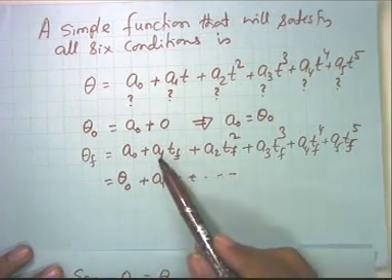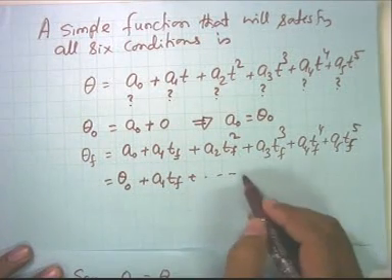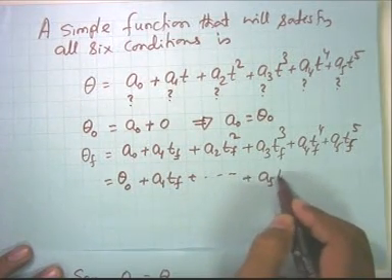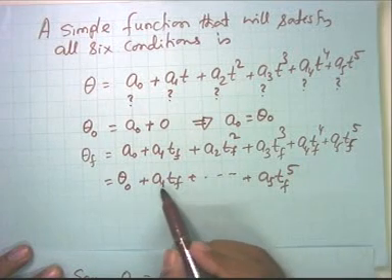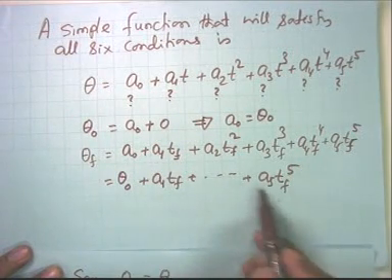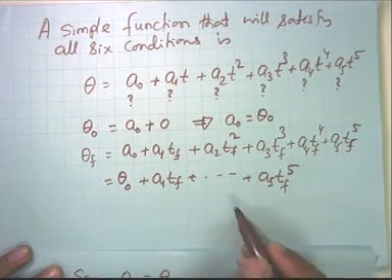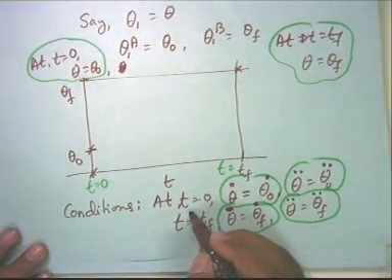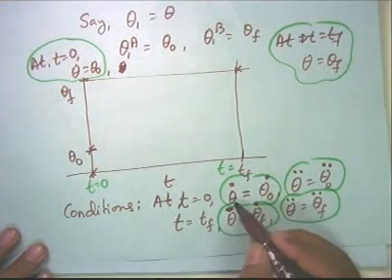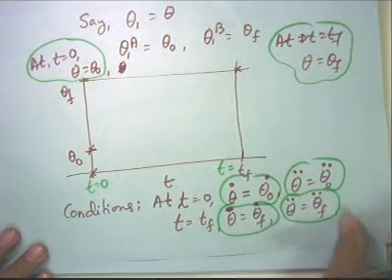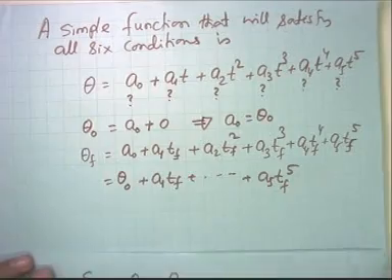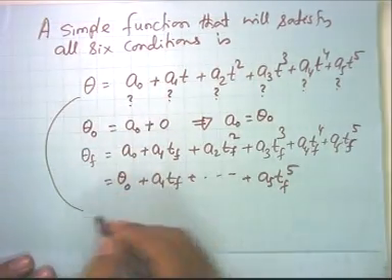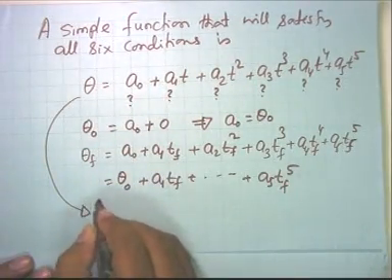So, in these equations I still have coefficients 1 to 5 to find. So, I have to use the other conditions. The other condition is at t equal to 0, theta dot equal to theta 0 dot. Let us use that, for which I need the theta dot expression.